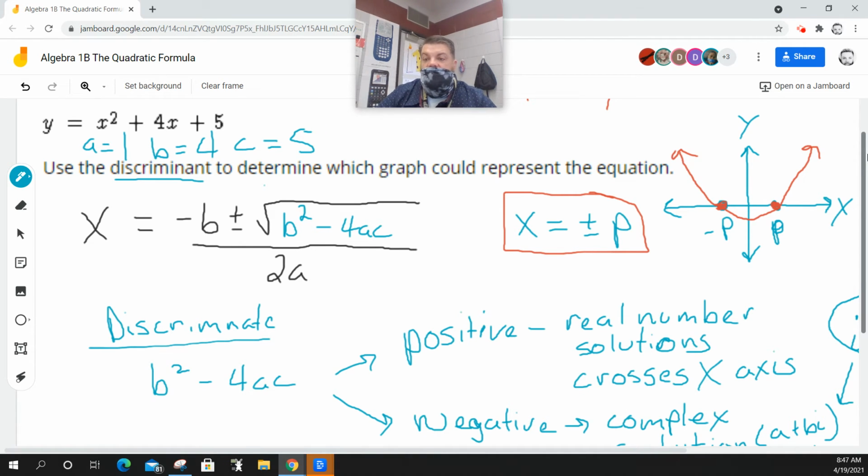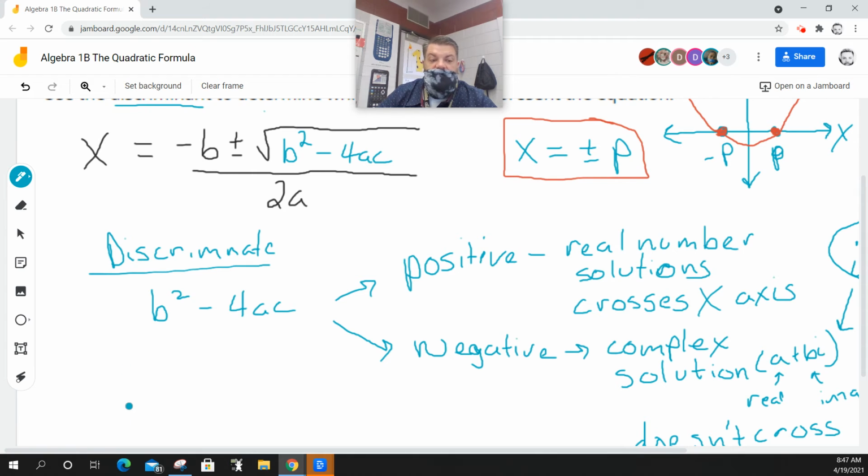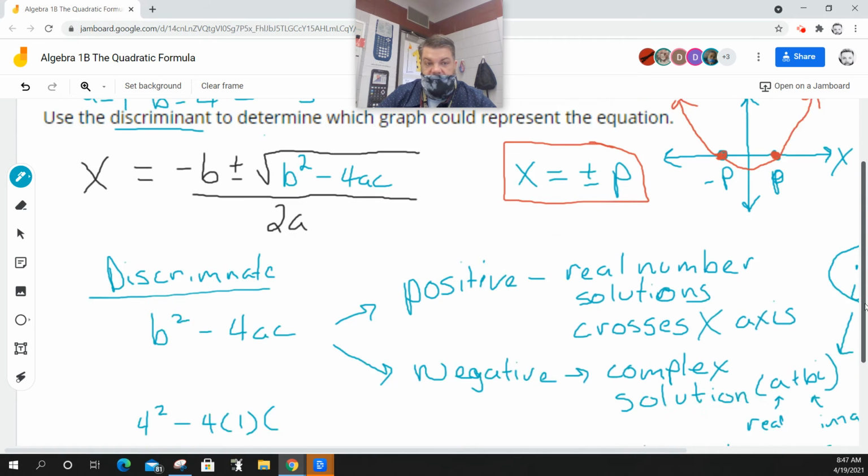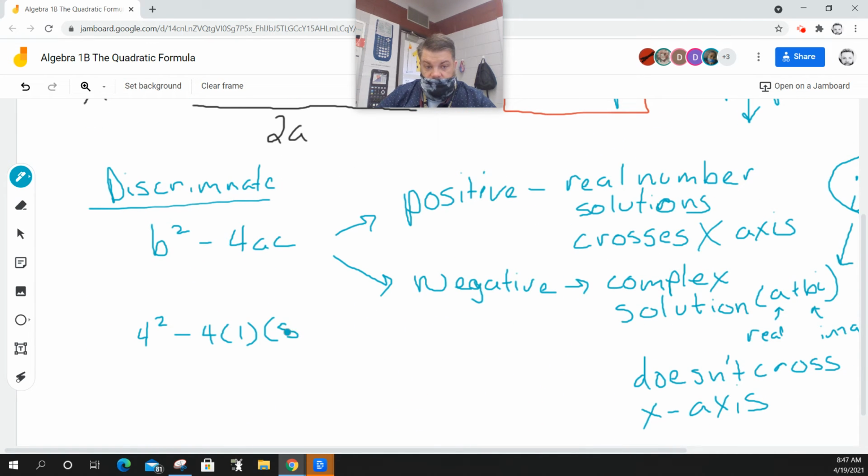So then when I go to solve the discriminant, I have b squared, which is 4 squared, minus 4 times a, which is 1, times c, which is positive 5. 4 squared is 16. Negative 4 times 1 is negative 4. Negative 4 times 5 is negative 20.